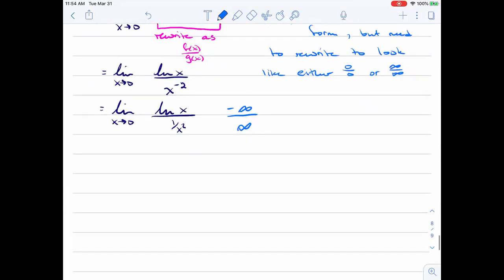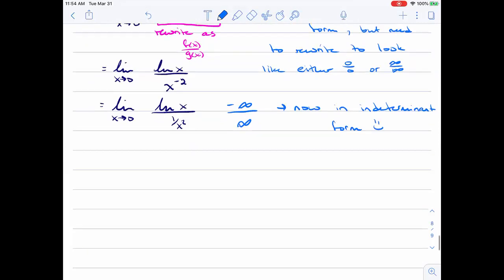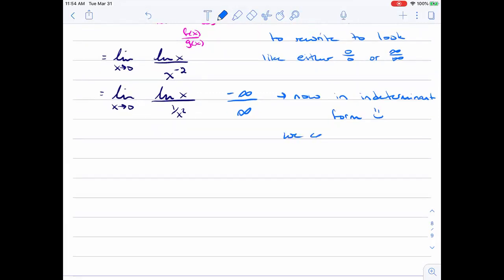So now it's in indeterminate form. We can use L'Hopital's.